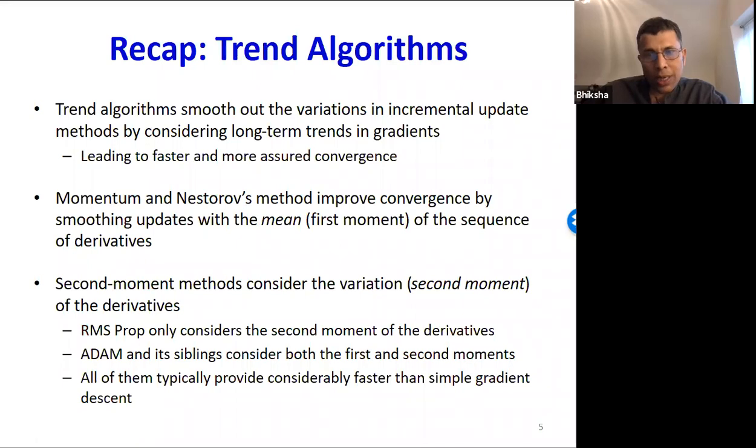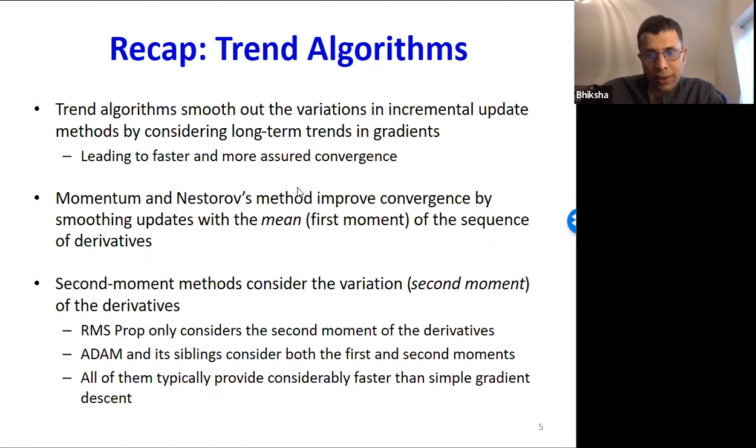We also saw trend algorithms. We saw that the online methods in particular require trend algorithms because of the variance between the divergences that are minimized across batches or minibatches. And so trend algorithms smooth out this variation by considering long-term trends in the gradients, and this can lead to faster and better convergence.